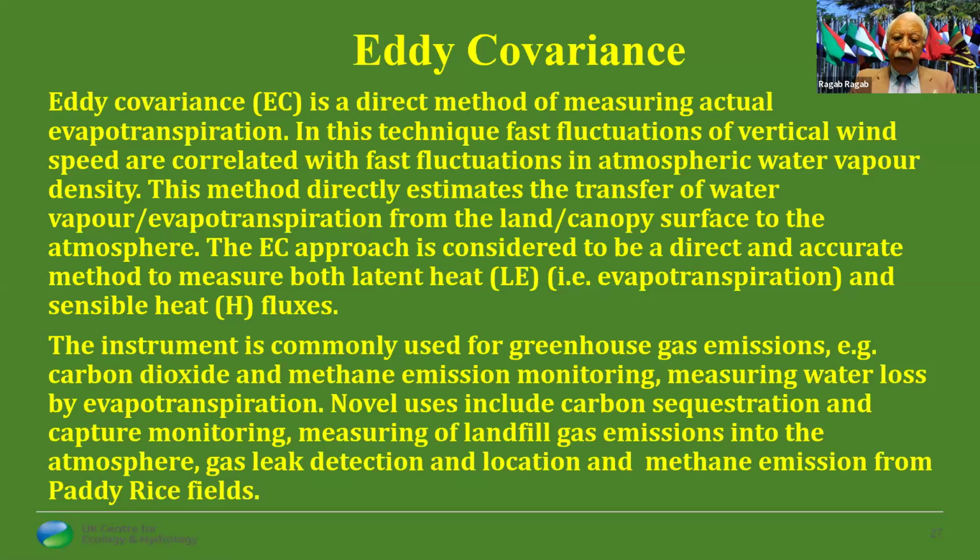This method directly estimates the transfer of water vapor, or evapotranspiration, from the land or a canopy surface to the atmosphere. The Eddy Covariance approach is considered to be a direct and accurate method to measure both the latent heat, which is evaporation, and sensible heat fluxes.